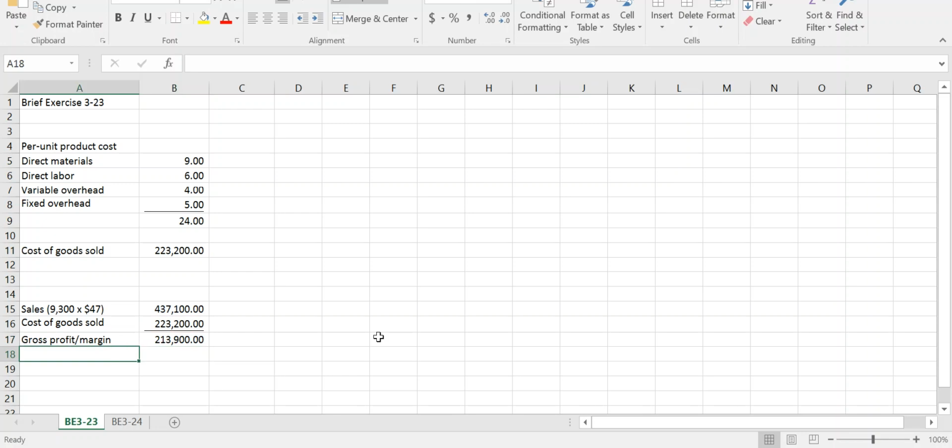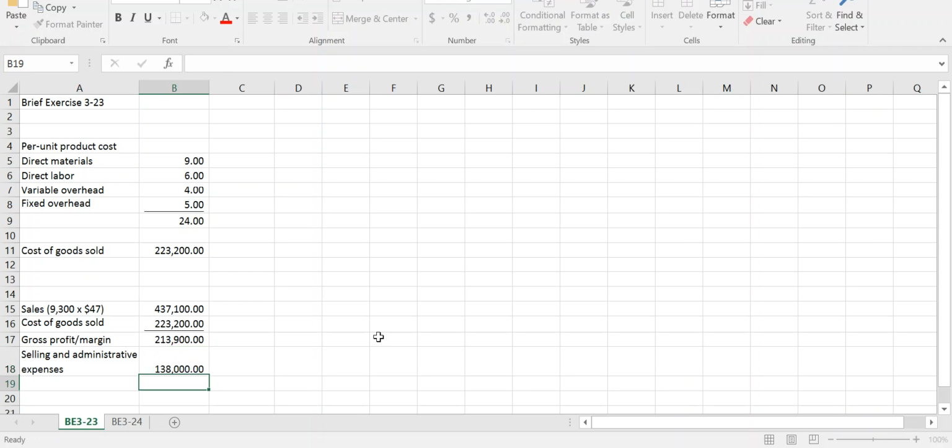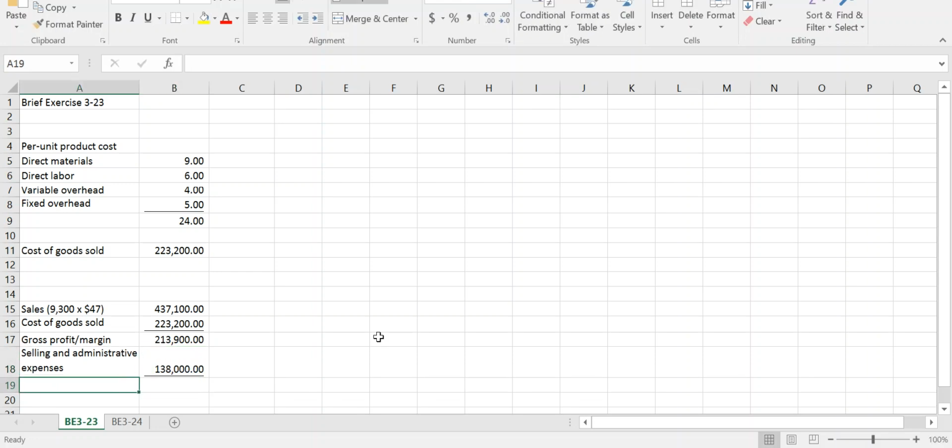And it gets us a gross profit or gross margin of $213,900. We then need to still subtract away our selling and administrative expenses. And they told us in total our selling and administrative expenses were $138,000. So we subtract those away to get to our operating income for the period of $75,900.